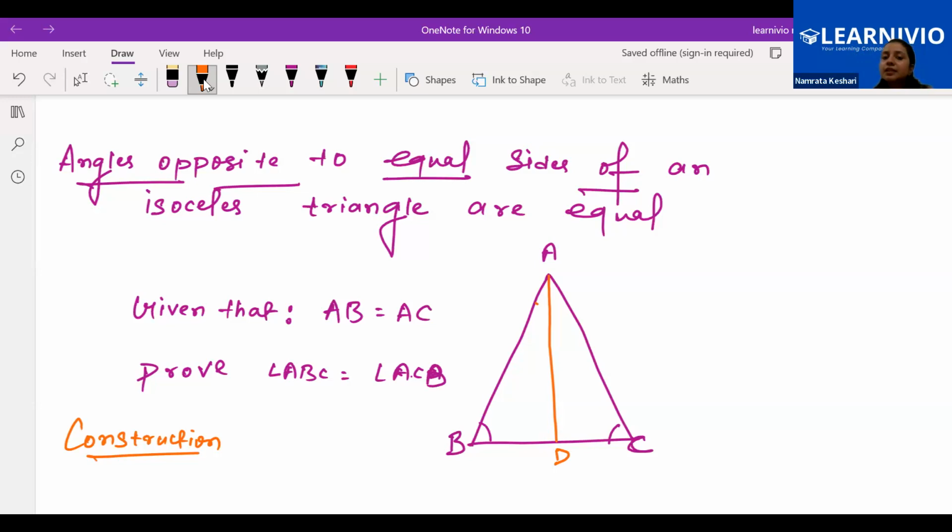If it is bisector of angle A, that means this angle and this angle will be same. Yes or no? Yes, ma'am. Okay.